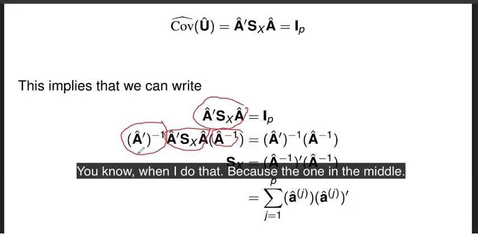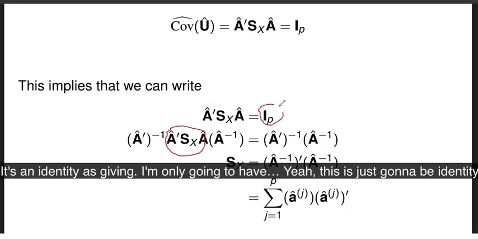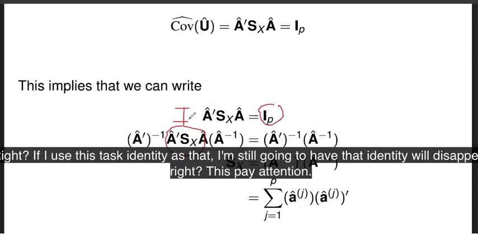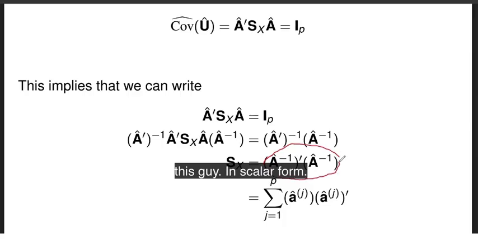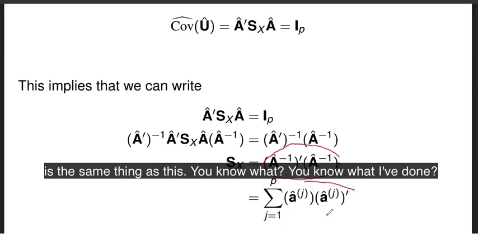Okay. You know when I do that? Because the one in the middle is an identity as given, this is just going to be identity, right? If I use this times identity times that, I'm still going to have that. Identity will disappear, right? Please pay attention. Now, if you look at what I have here, this guy in scalar form is the same thing as this.